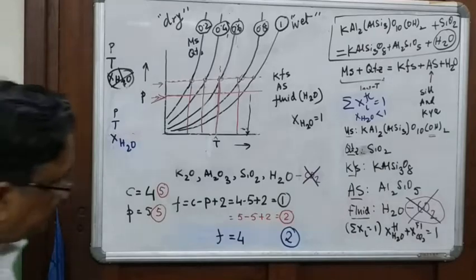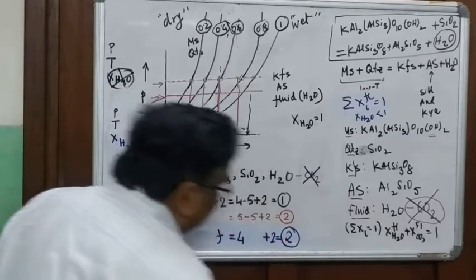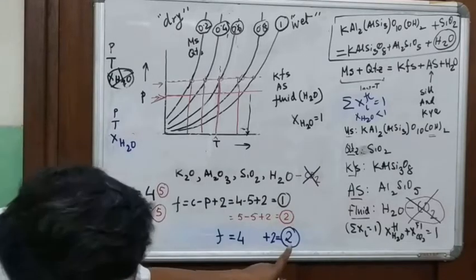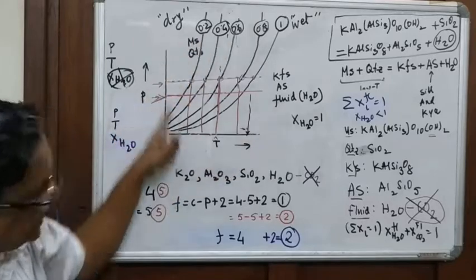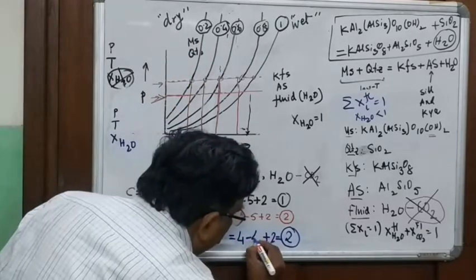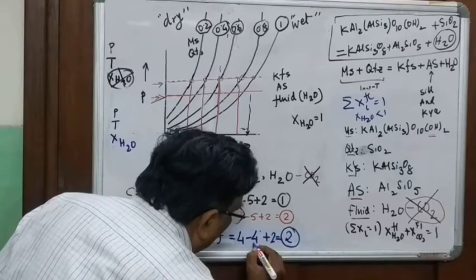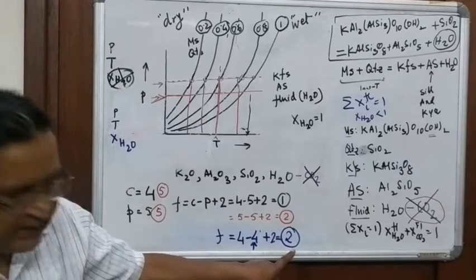Not necessary here. And pressure and temperature is plus 2. So if you have to have a variance of 2, so that I preserve this diagram, then the number of phases should be 4. That's crucial. Then you have a variance 2.